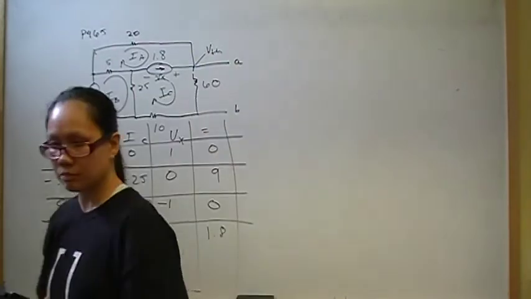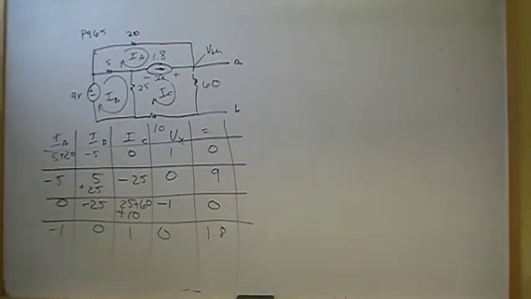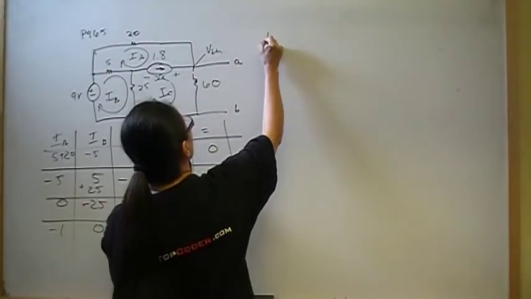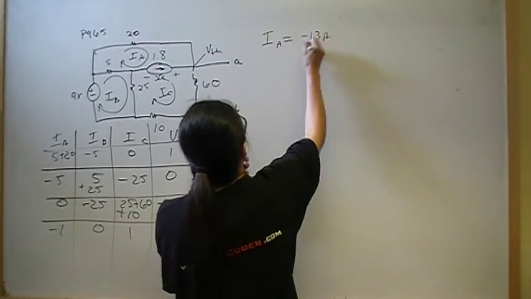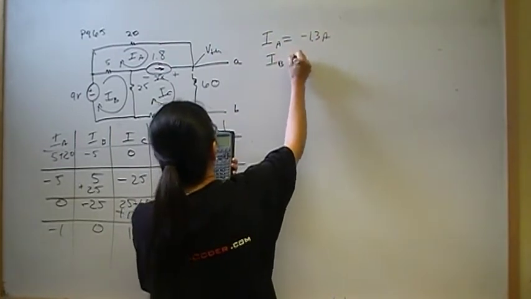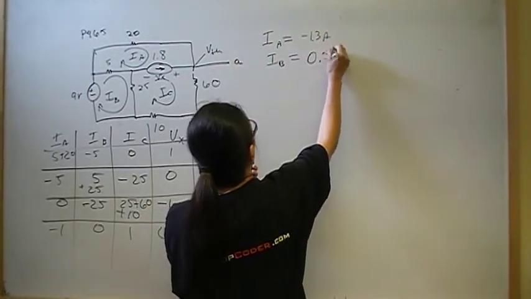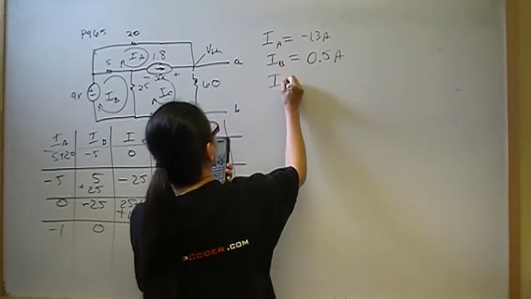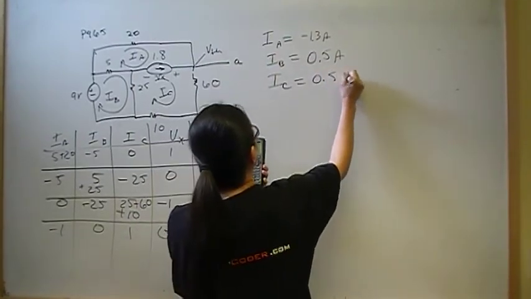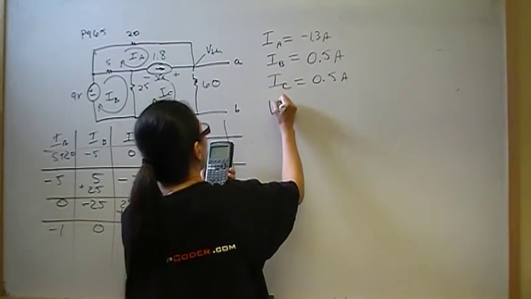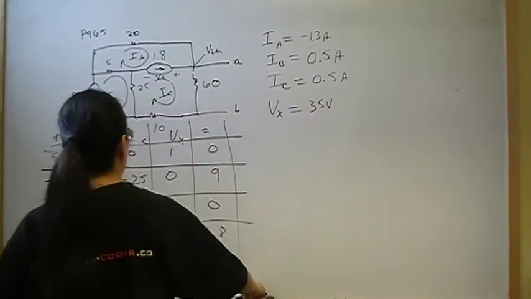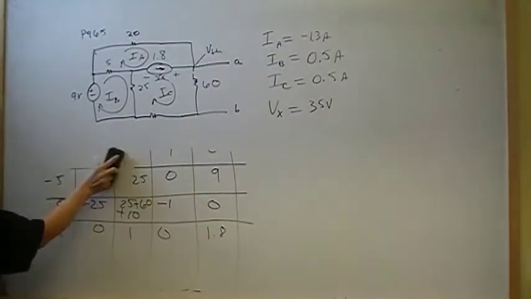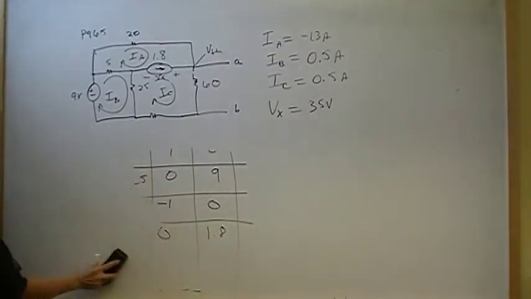So, what you should have got when you solve your simultaneous equations is, you should have got IA is -1.3 amps, IB is 0.5 amps, IC is 0.5 amps, and VX is 35 volts.